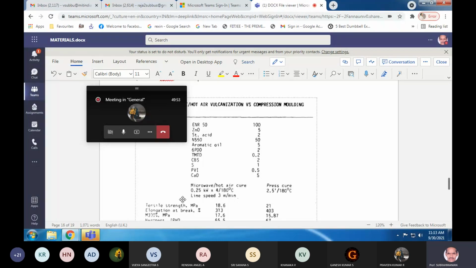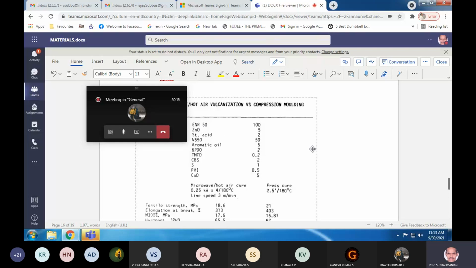So this calcium oxide is necessary for ENR. In addition to promoting the volumetric heating, it also helps in cross-linking activity of ENR.